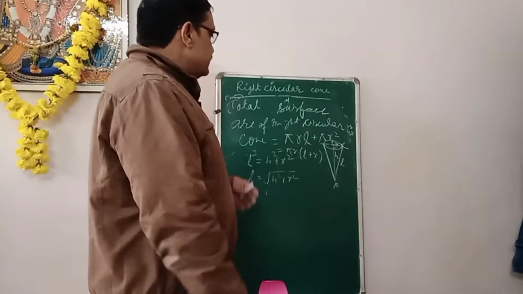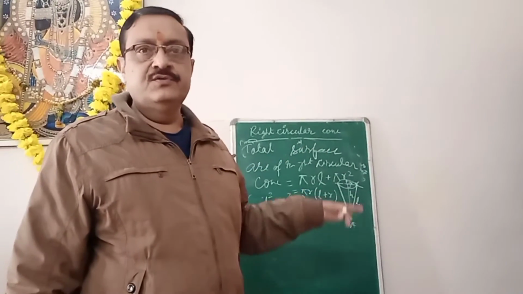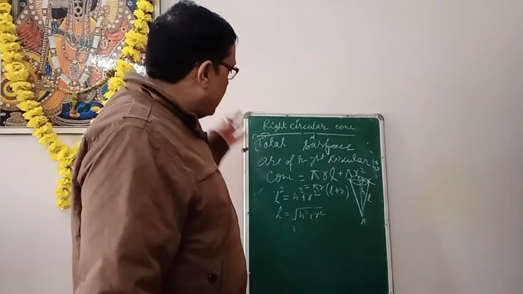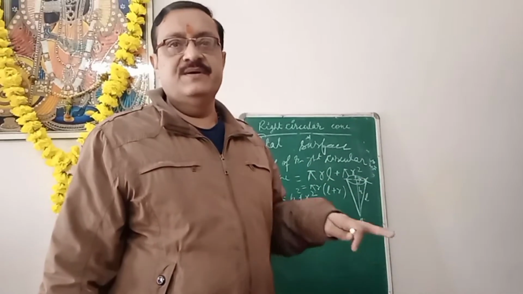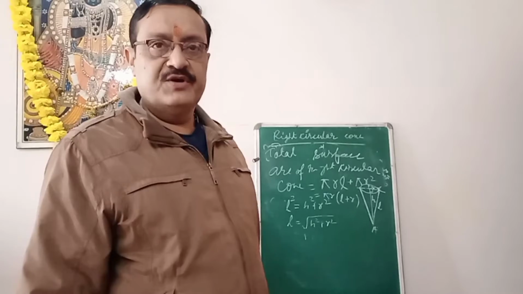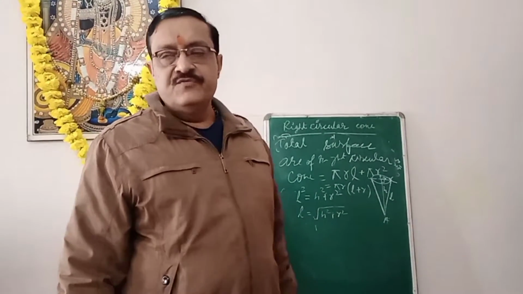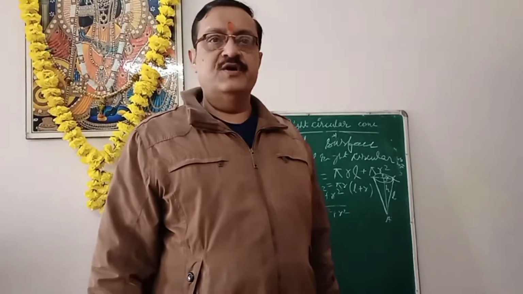Now these are the only two things which we need to study and understand. All the questions pertaining to this NCERT Class 9 syllabus for the right circular cone come under exercise 13.3. So, based on this information only, we will be able to solve all the problems of this exercise 13.3.